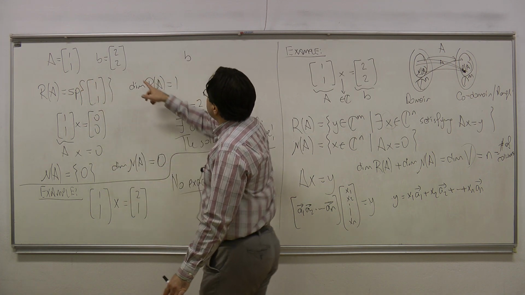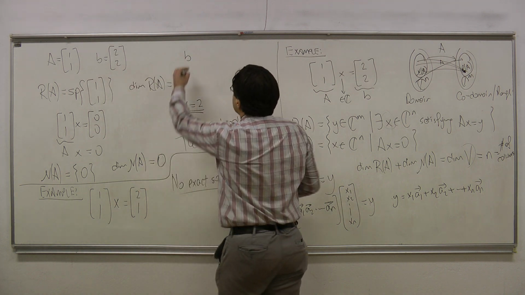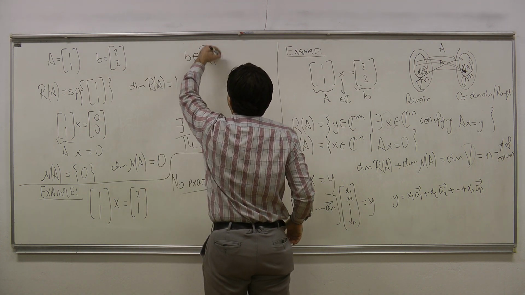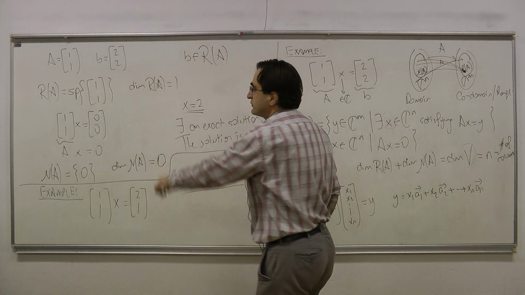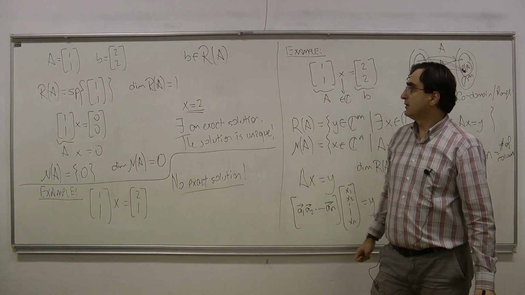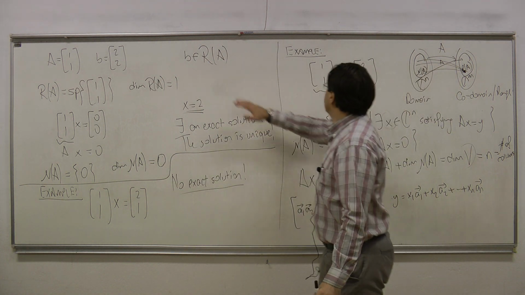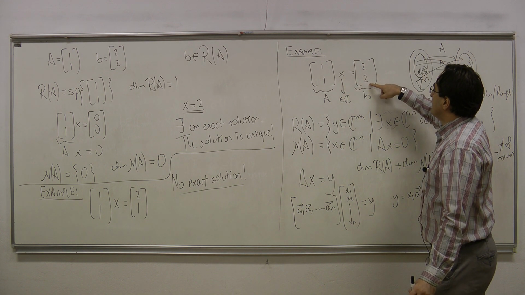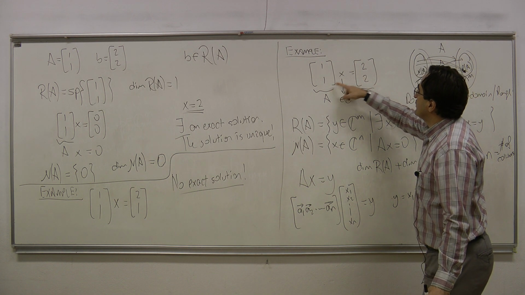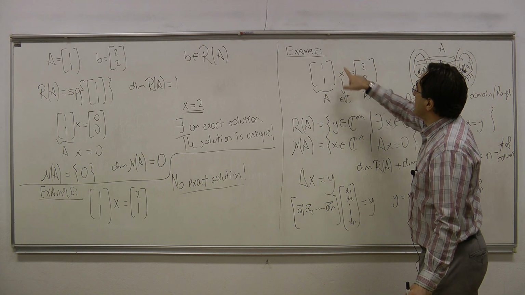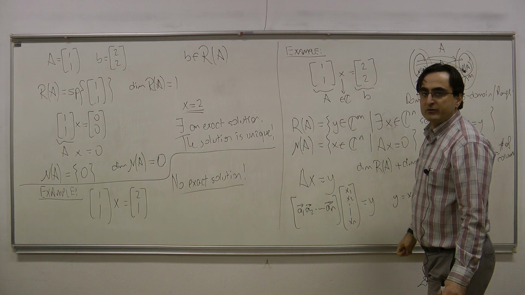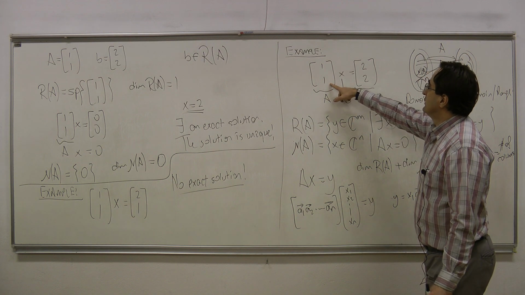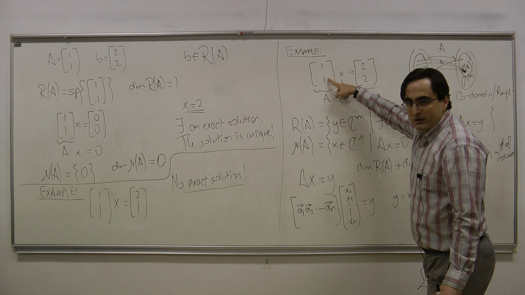And we see that this b vector is inside the range space of A for the first example. That means there exists an x such that b can be written as a linear combination of the columns of this matrix, and there is only a single column.